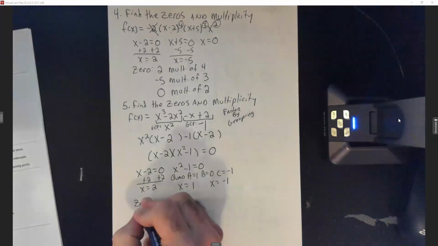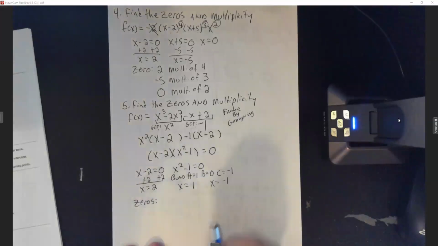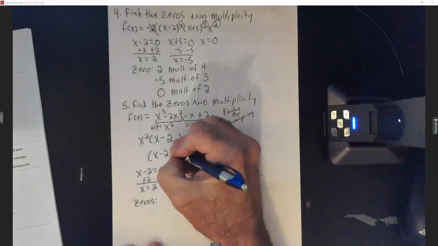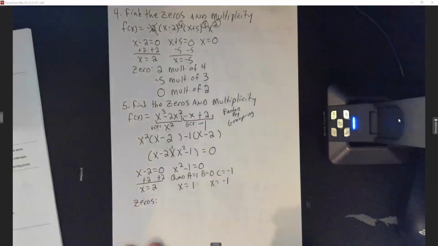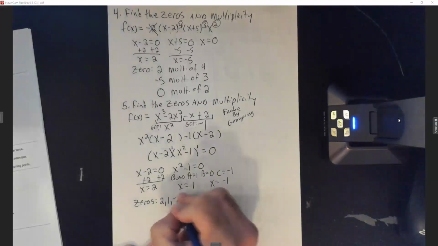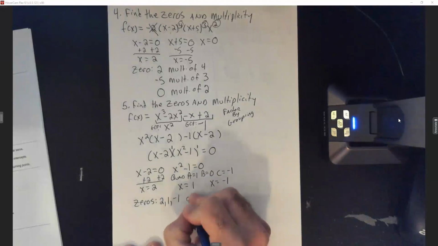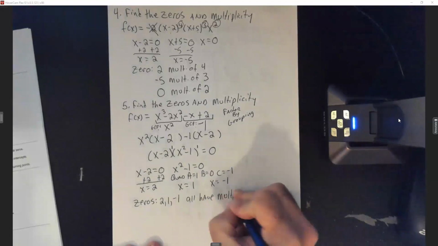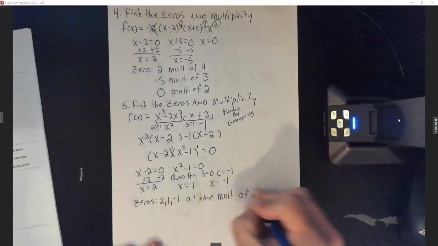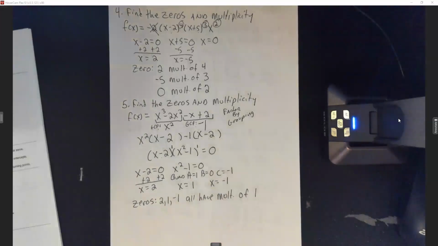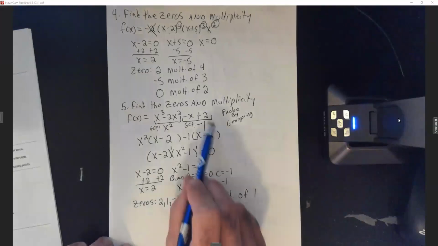So we're going to write our zeros. Now since all these have just a multiplicity of 1, because remember, since there's no exponent behind these parentheses, we would treat it like a 1. So my zeros are going to be 2, 1, and negative 1, and all have multiplicity of 1. So that's probably one of the trickier problems to me, number 5, because of that grouping you had to factor, okay?